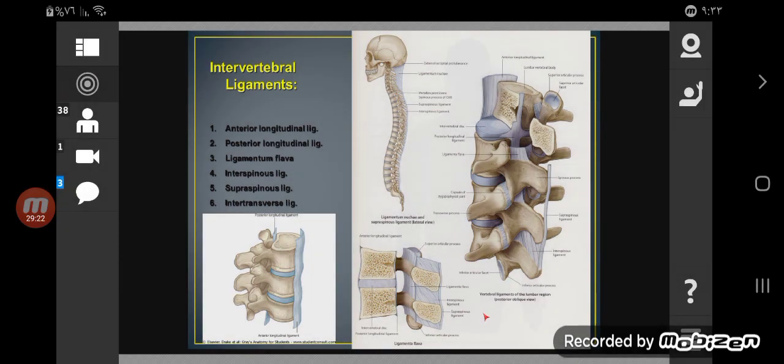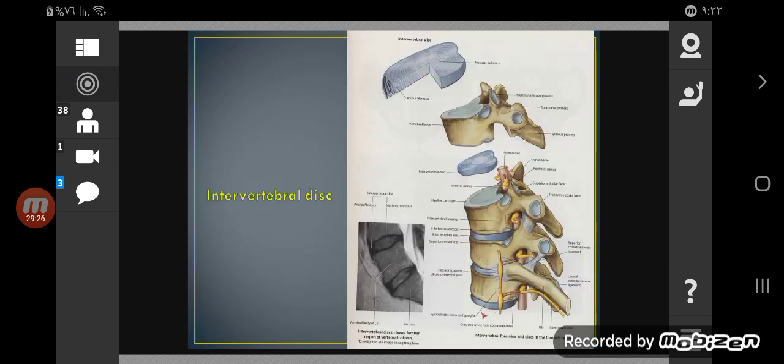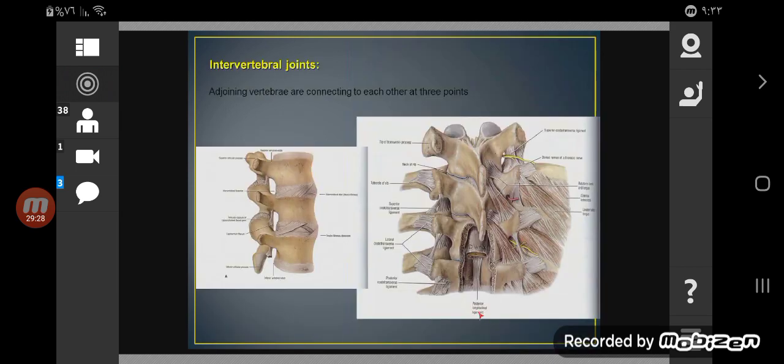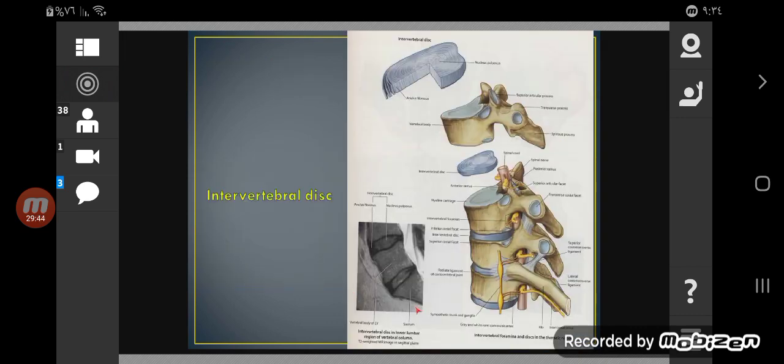All right. Another ligament is the intertransverse ligament. And this one, the intertransverse ligament, is between two transverse processes.